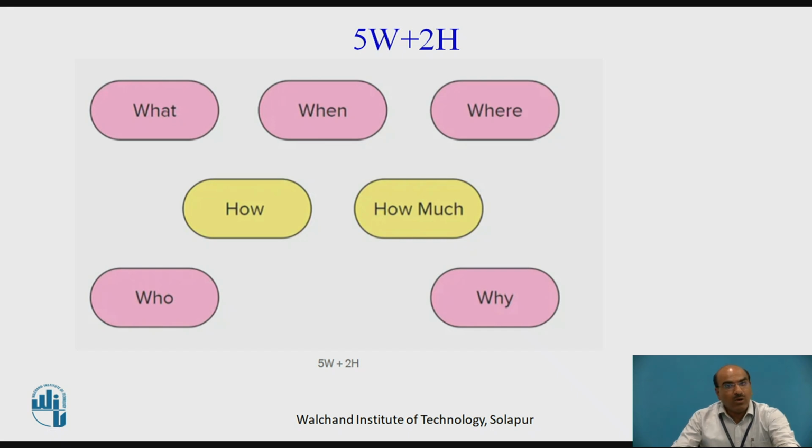And how, the process of achieving that, and how much it costs for me, that is, the economics, the pricing for positioning that product in the market. So here I made a slide for 5Ws plus 2H.